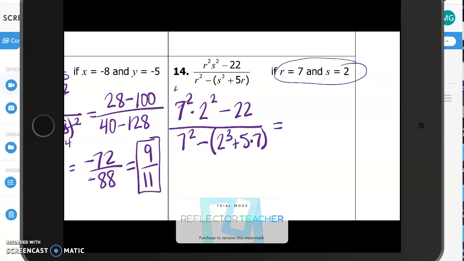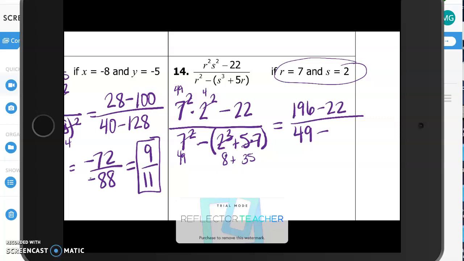So 7 squared is 49, 2 squared is 4, 49 times 4 gives me 196 minus 22. Here we have 7 squared is 49 minus 2 to the 3rd is 8. 5 times 7 is 35, and we're adding those two things together.